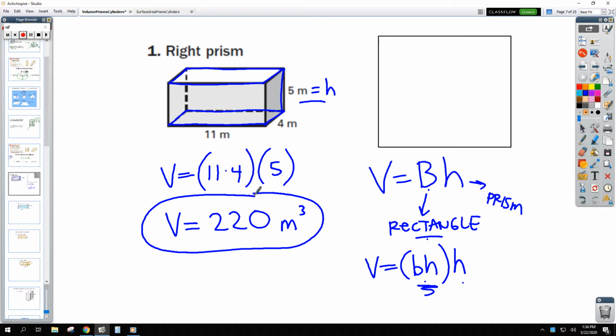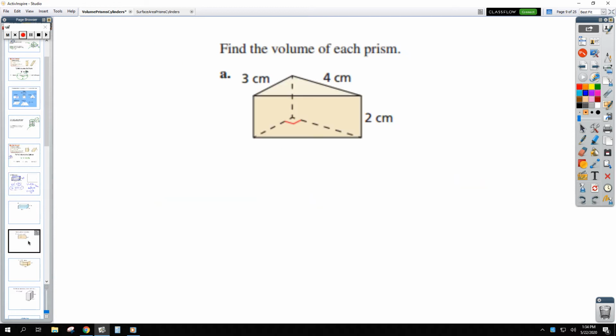Okay? Let's try another one. What kind of prism do we have here? Okay? So bringing up the volume formula once again for a prism, it's base area times the height. So if you name this a triangular prism, well then you know your bases are the triangles here.